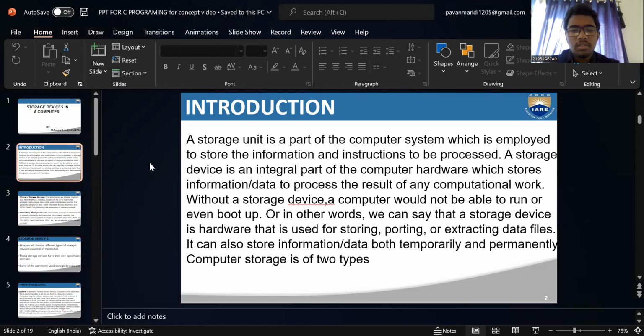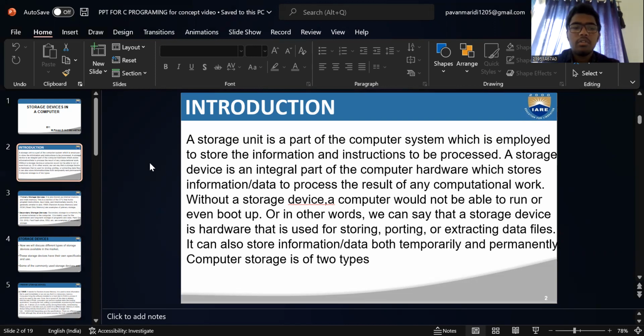Without a storage device, a computer cannot run or even boot up. In other words, we can say that a storage device is hardware that is used for storing, porting, or extracting data files. It can also store information and data, both temporarily and permanently.